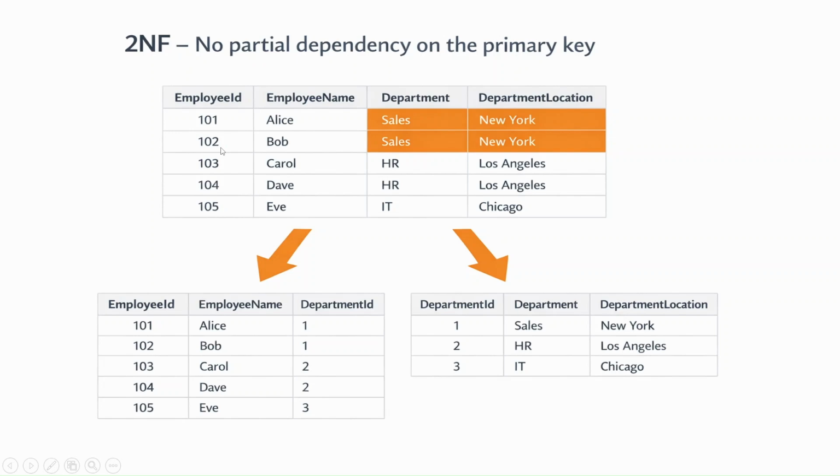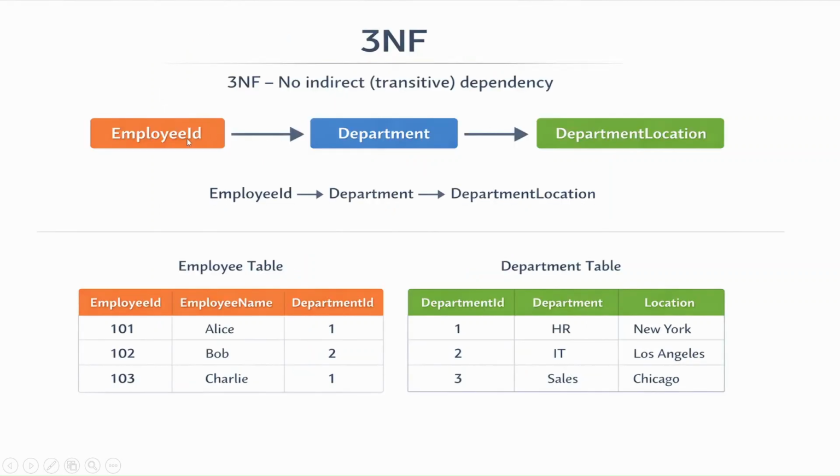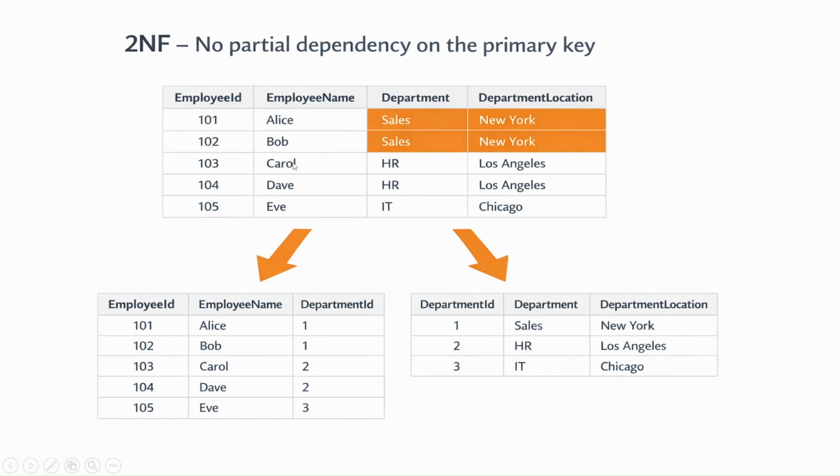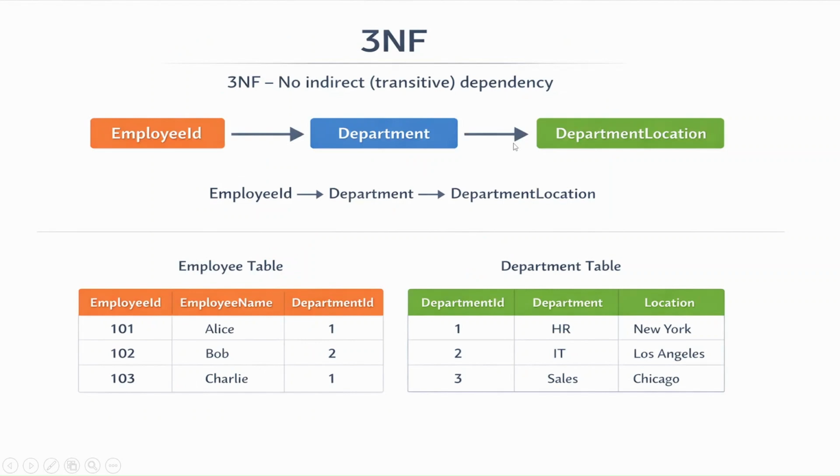employee ID. So for the department location, there is a chain: department location, department, and then employee ID, which is wrong here. So there is a chain of transitive dependency. Employee ID has a connection with department, and department has a connection with department location. And everything belongs to a single table, which is wrong.